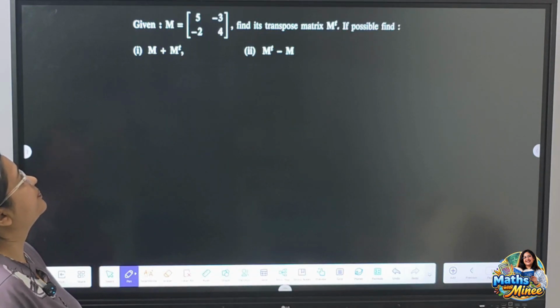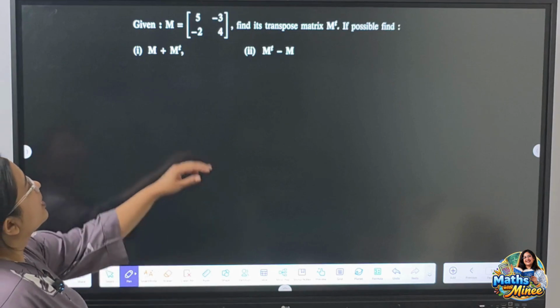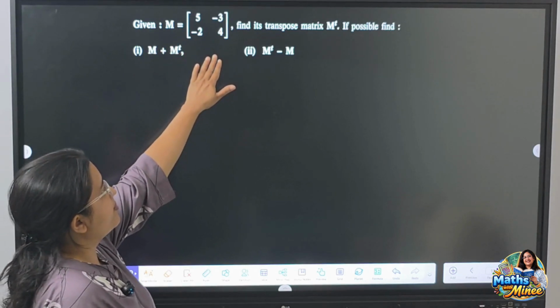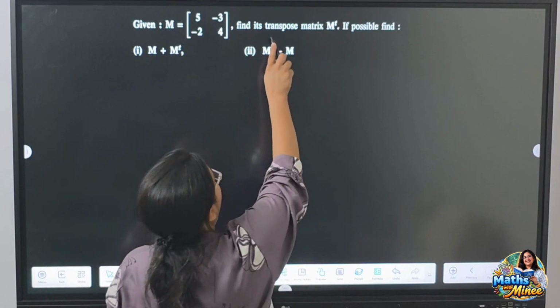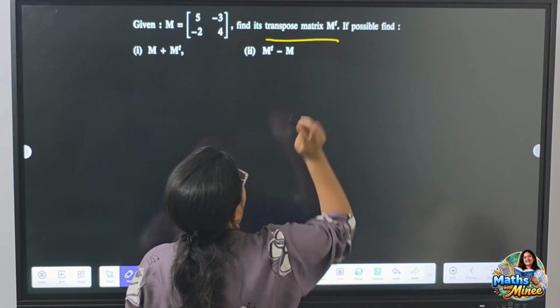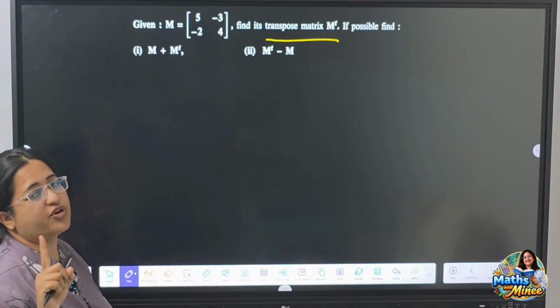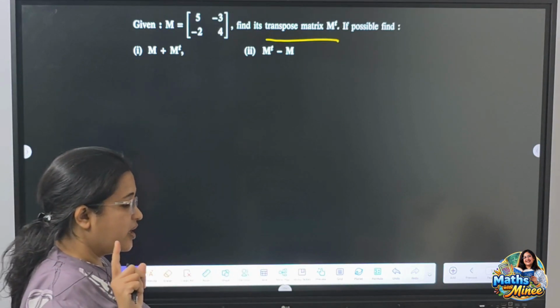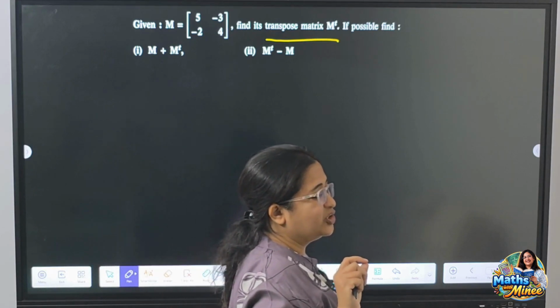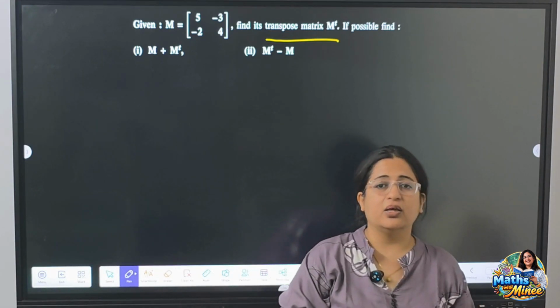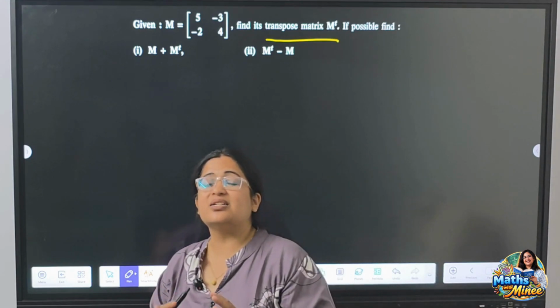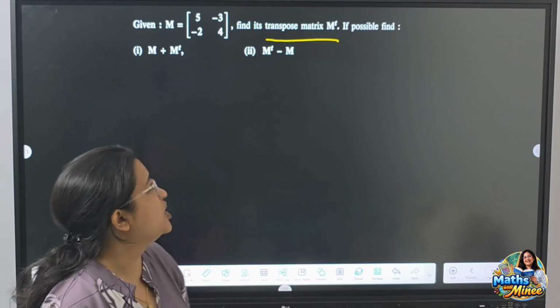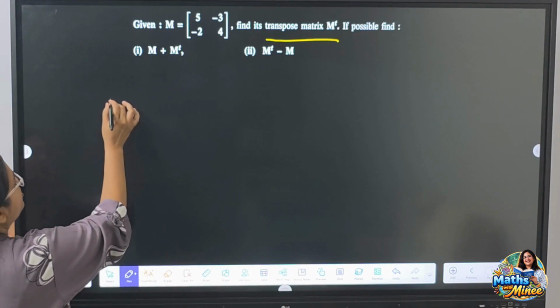Now the next, here you are given the matrix M. We have to find the transpose matrix. First question, you need to find the transpose matrix. अगर आप लोगों ने पहला लेक्चर या पहला वीडियो देखा है, उसमें मैंने आपको बताया था व्हाट इज द ट्रांसपोज मैट्रिक्स. ठीक है, तो कुछ नहीं करना है ट्रांसपोज मैट्रिक्स में.